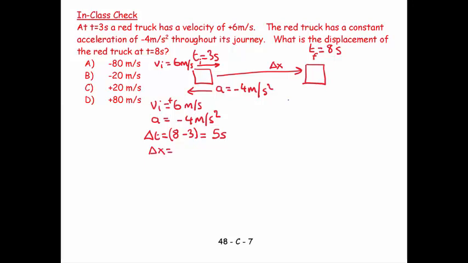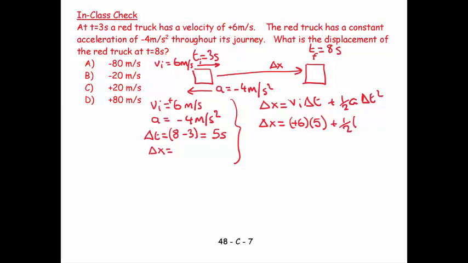So again, I have a VI, I have an A, I have a delta t, I have a delta x. And it jogs my memory, and I say delta x is equal to VI delta t plus 1/2 A delta t squared. So I say delta x, which is what I want, is equal to VI plus 6 times delta t, which is 5, plus 1/2 times A, which is minus 4, times delta t, which is 5 squared.